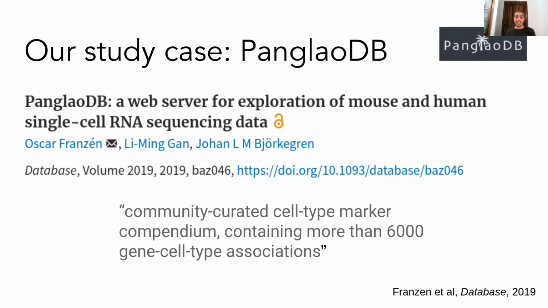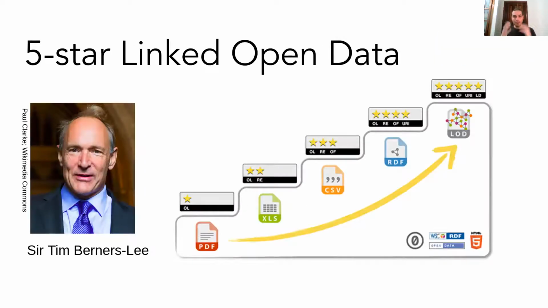I think we can take advantage of this great knowledge biocuration resources that we have and make them even better by applying semantic web skills, by applying ontologies, as you are in the Bio-Ontologies community of interest, and much more. So let's start with the five-star linked open data schema.